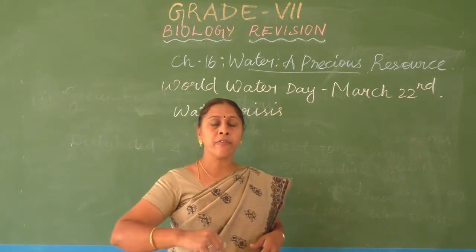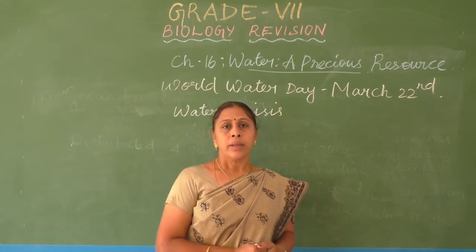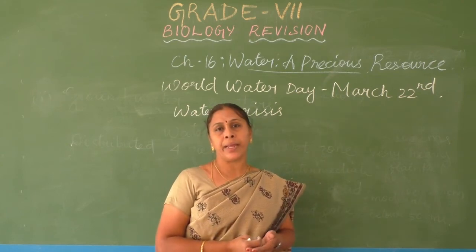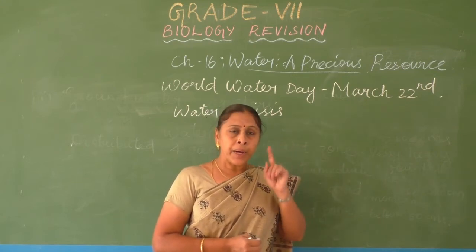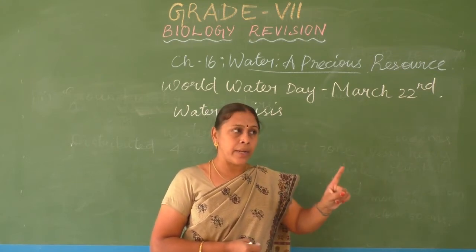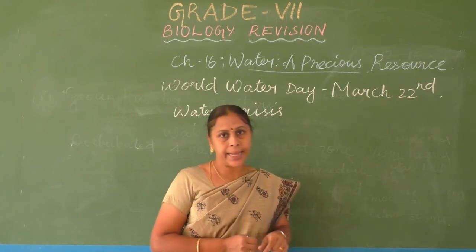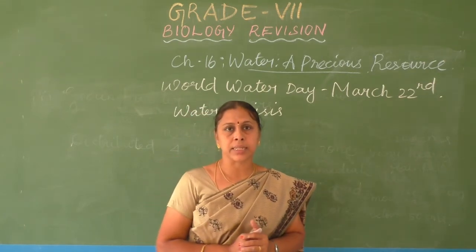Unavailability of water for the essential life. If the water is not available for the living of the human beings, then it is called water crisis. For a person, nearly 50 liters of water is needed on average in a day. If it is not available, that is called water crisis.